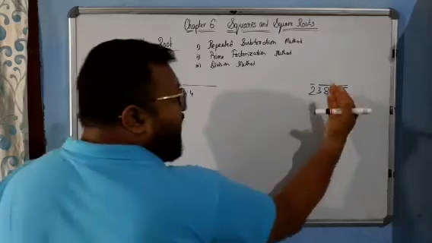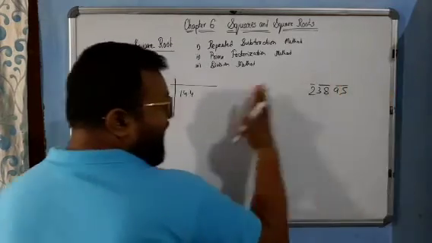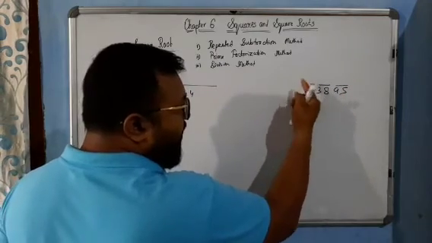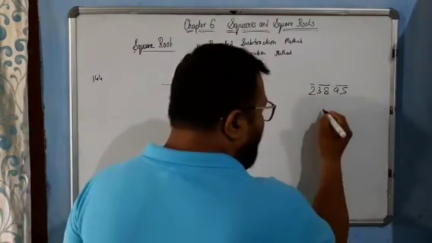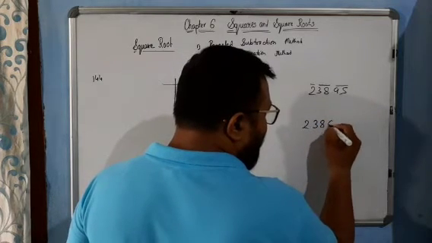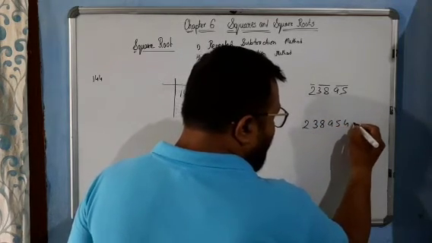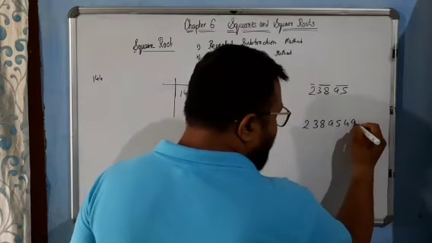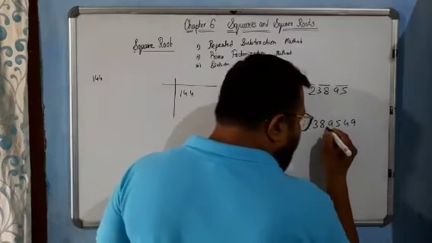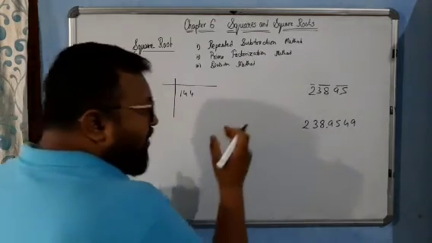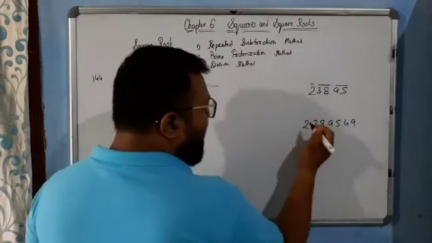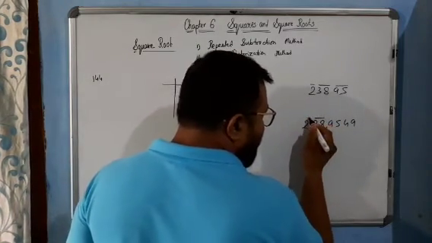Okay, now we will start pairing from the right hand side to the left hand side. 2 numbers 1 bar, 2 numbers 1 bar, single number 1 bar. But suppose the same thing, if I write 2, 3, 8, 9, 5, 4, 9 for example, and the decimal is here. The numbers on the left hand side of the decimal, same thing, we will start pairing from the right hand side towards the left.